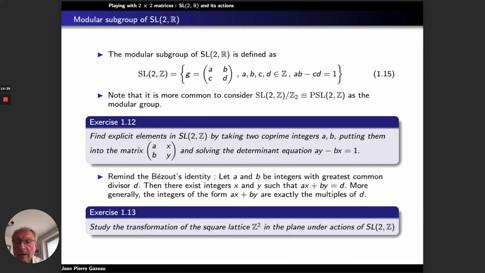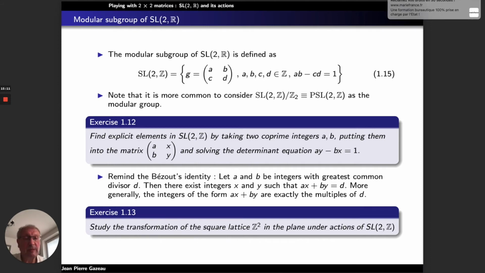This identity is famous in any elementary introduction to arithmetics, which tells you that if you consider A and B integers with greatest common divisor D, then there exist integers x and y such that ax plus by is equal to D. More generally, the integers of the form ax plus by are exactly the multiples of D.